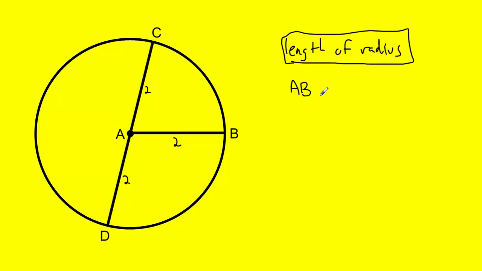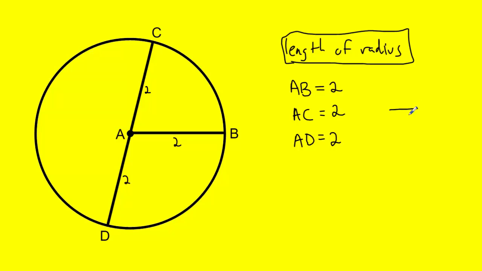We don't put the bar when we're talking about the distance or the length of a segment. So this is telling me the distance from A to B is 2 units. The distance from A to C is 2. And the distance from A to D is also 2, right? All radii have the same length. So that's how we write the length of a radius. We put it without the bar.